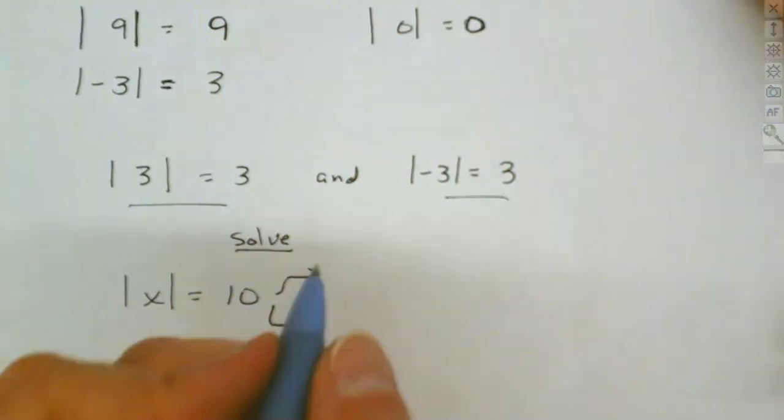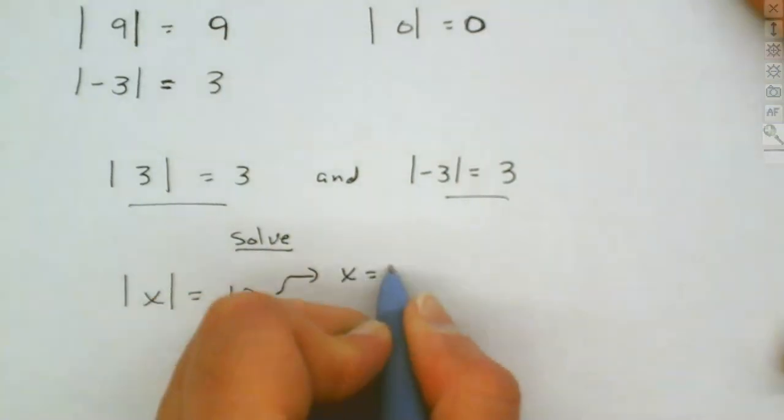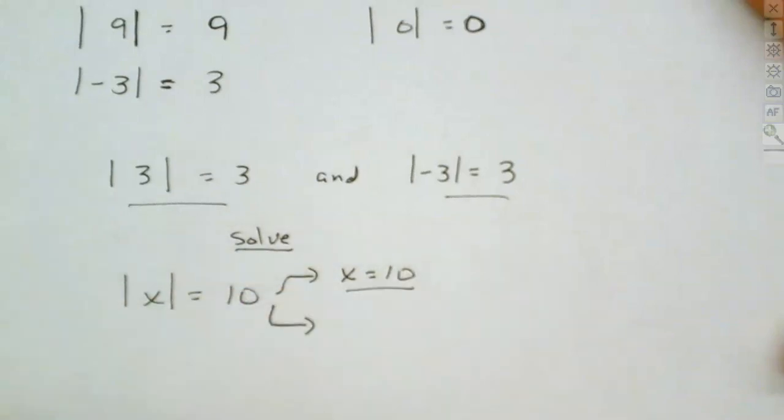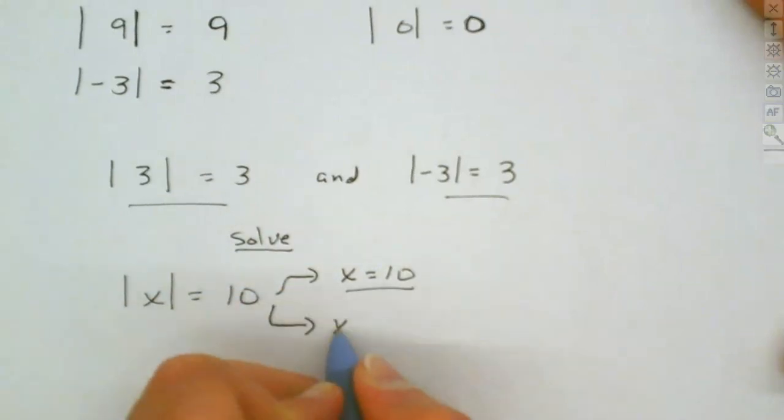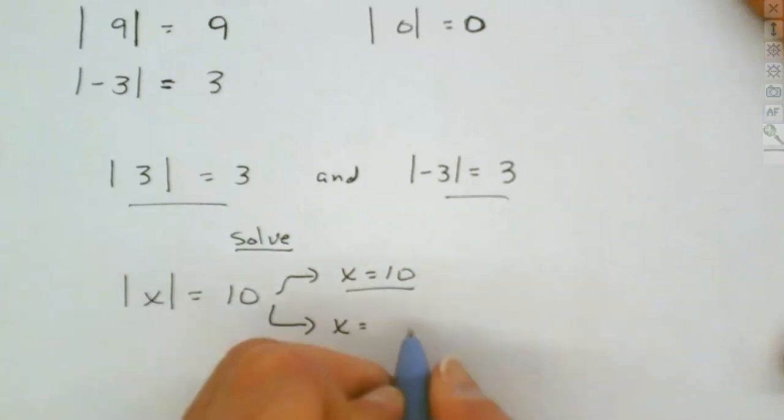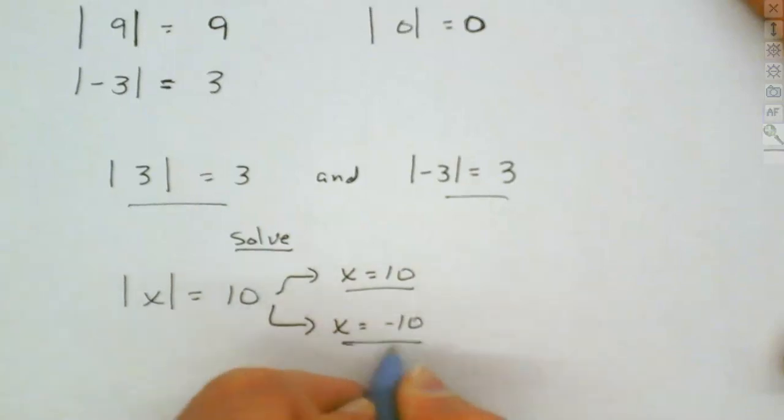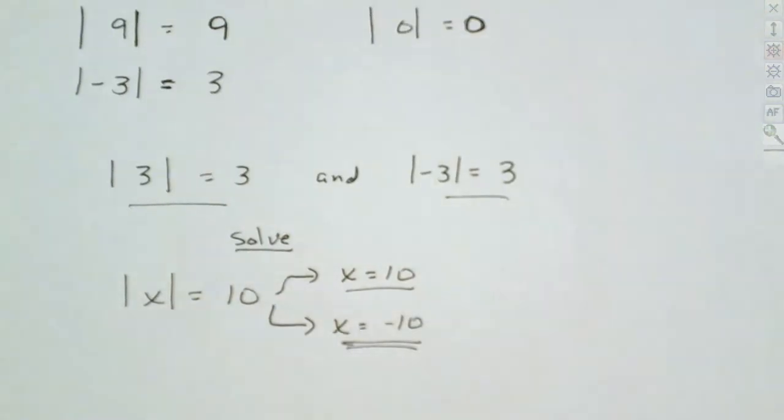Because the absolute value of 10 is 10. What could x also be? It could be negative 10, right? Because the absolute value of negative 10 is positive 10, and that's what we want. So we get these two answers. Now that one we could just look at and see.